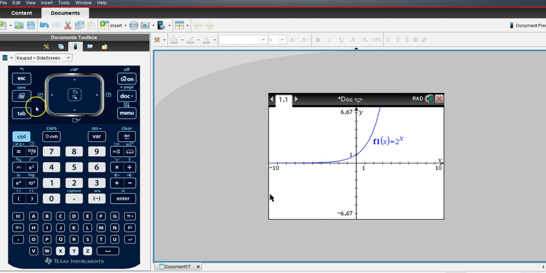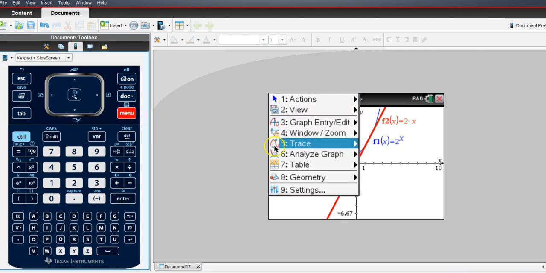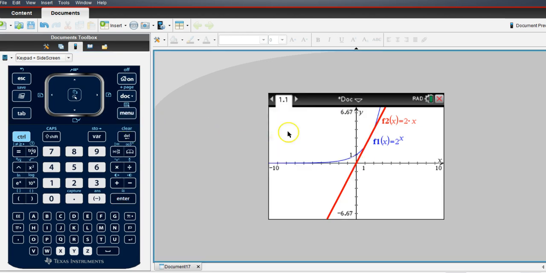Hit tab, right, and that brings up our other one, and we're doing 2x. And that function looks like this. Now I'm going to go back to the table.